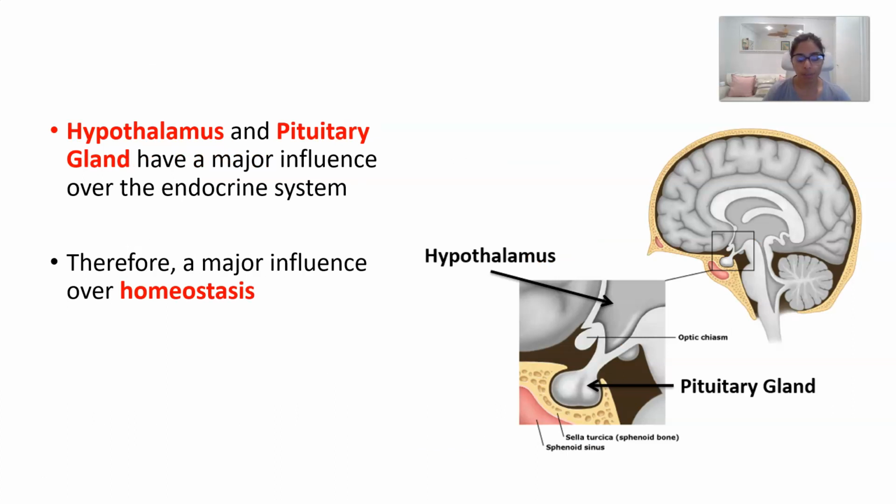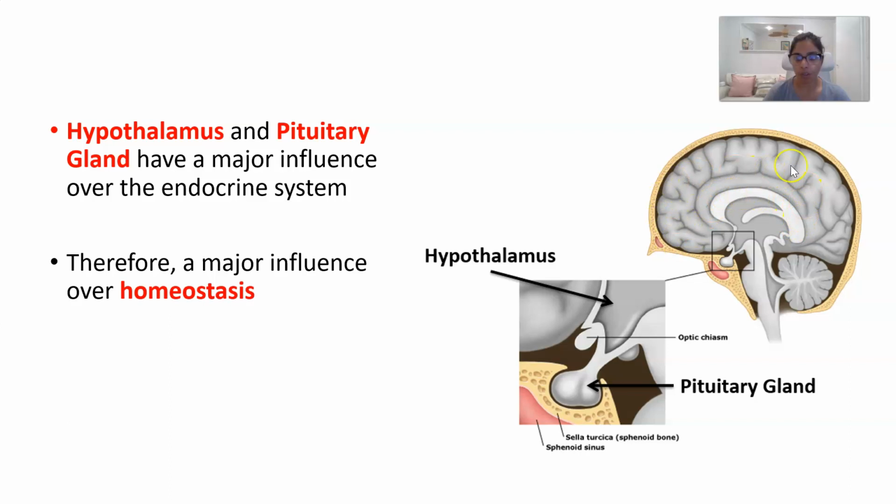So just to give us some orientation of where we're looking at in the body, we're going to be looking at the central nervous system, specifically the area that we know as the brain. So we're looking at a sagittal section through the brain here. You can see this is the corpus callosum. That's the dividing bridge between the two hemispheres.